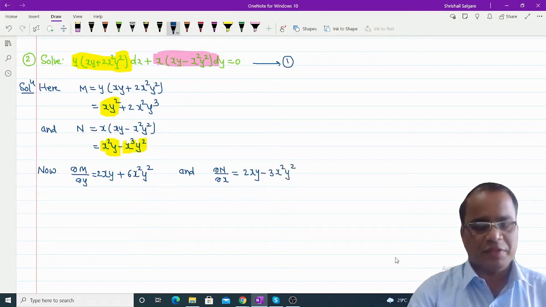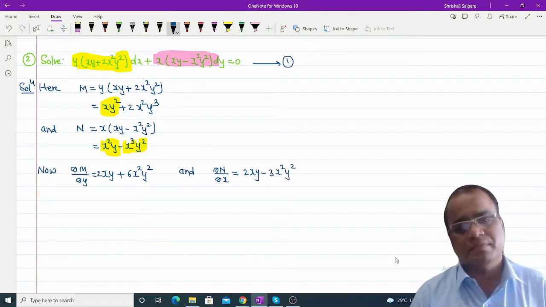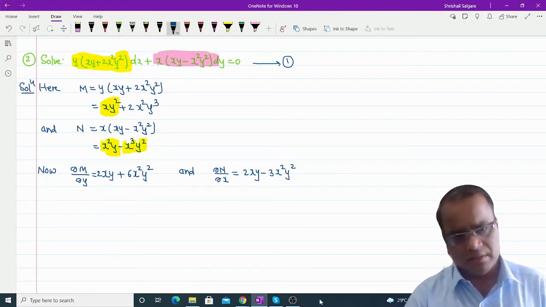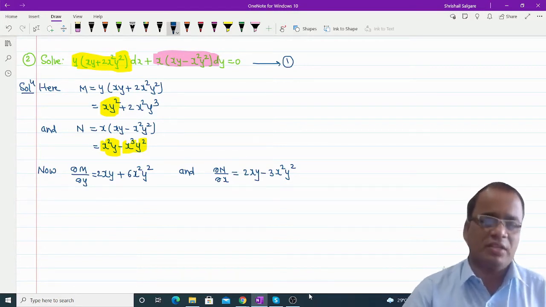What is your observation here? Both derivatives are not equal. One simple question I am asking: ∂M/∂y and ∂N/∂x are not equal. So what is your conclusion? Non-exact. Yes, equation 1 is non-exact.